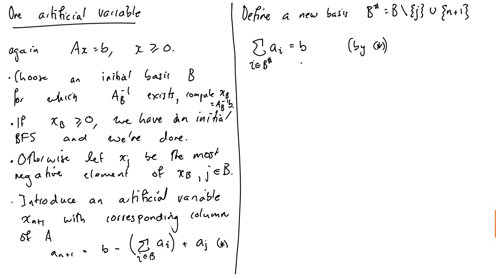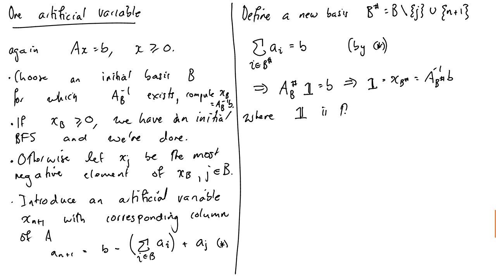Therefore, another way of writing that is A B sharp times 1 equals b, which means that 1 equals our initial xb, which is A B sharp inverse b, where, as I've said before, 1 is the vector of all 1s.